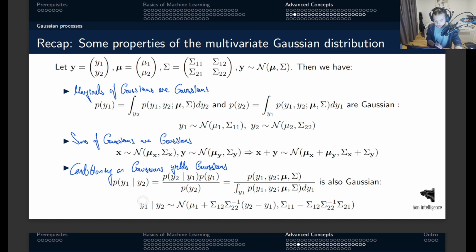This random variable y1 conditioned on y2 is distributed according to a Gaussian density, and it is parameterized by these two quantities. So it's getting a little messy. This is why I only wanted to consider 2D multivariate Gaussian distributions.